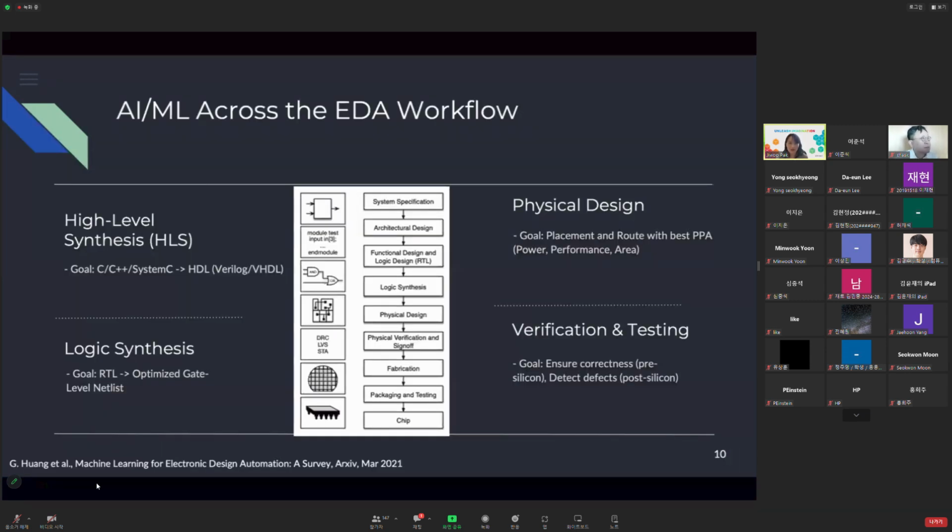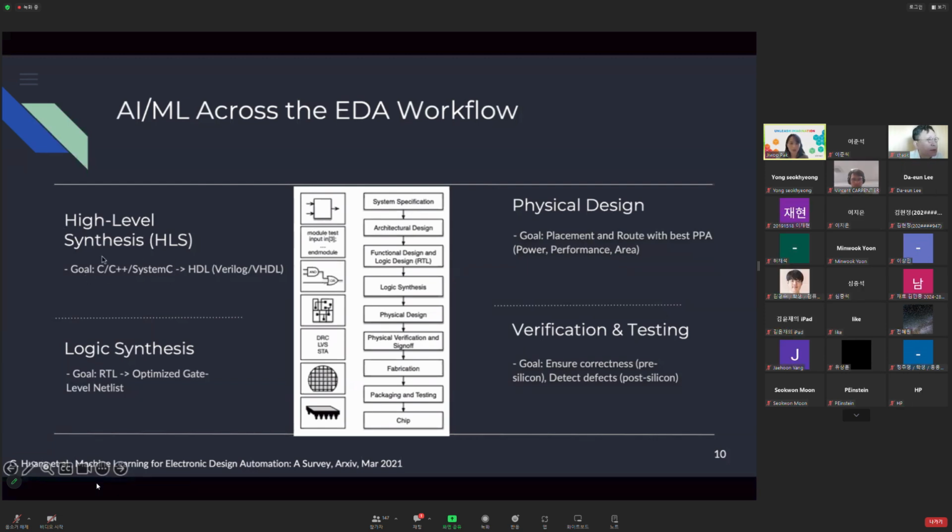So as I mentioned, those are some key components of the EDA workflow. So we have high-level synthesis. The goal is changing the C++ or C, SystemC, into the hardware descriptive language.